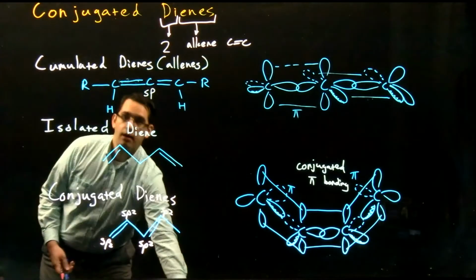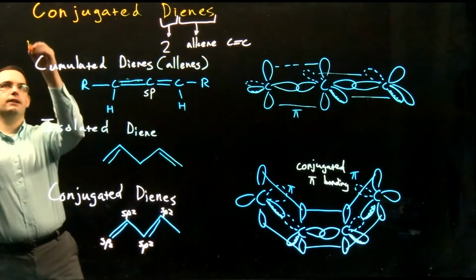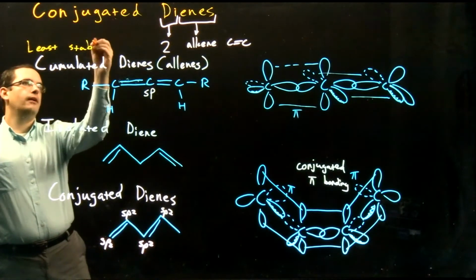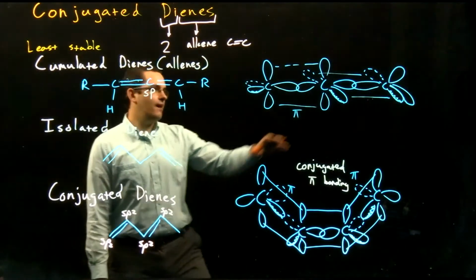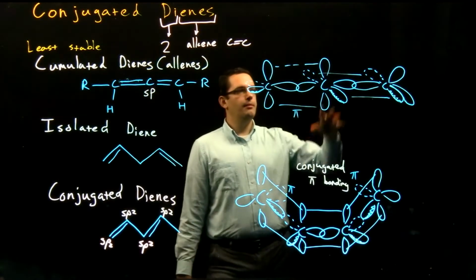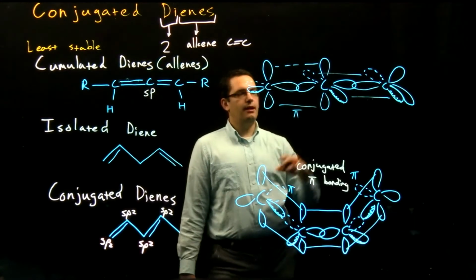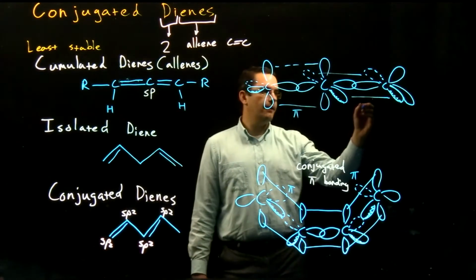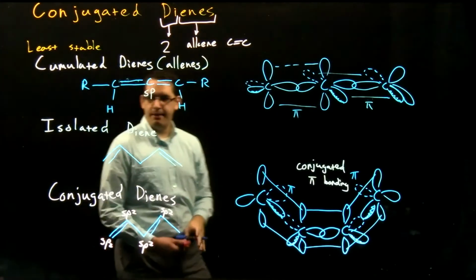So our cumulated diene is actually the least stable. I mentioned that this kind of twisted system where we have our central carbon that has both double bonds to the same carbon, but neither of our double bonds are able to help each other out since they're rotated 90 degrees relative to each other. This one is the least stable.